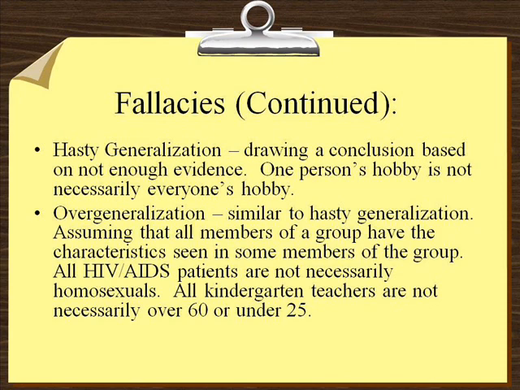Overgeneralization is somewhat similar, and I would not ask you to differentiate between hasty generalization and overgeneralization on a test. Particularly with people, it's very hard to make full generalizations no matter the amount of evidence that you have. Each individual is unique. Using words like all and every will get you in trouble.